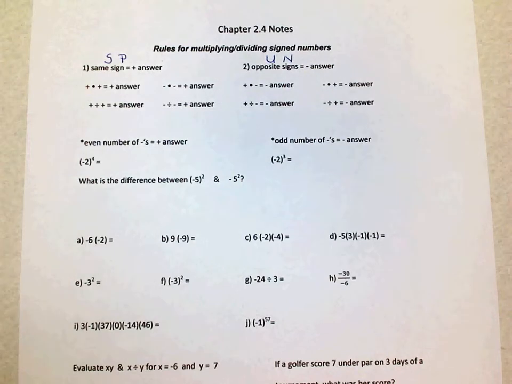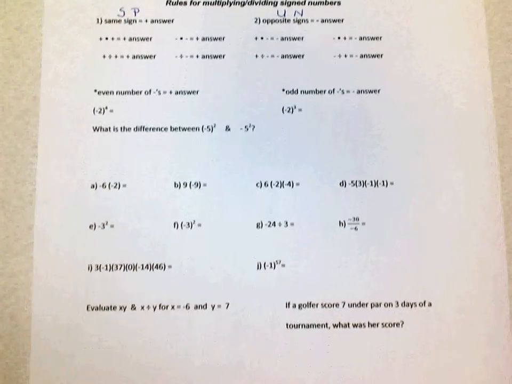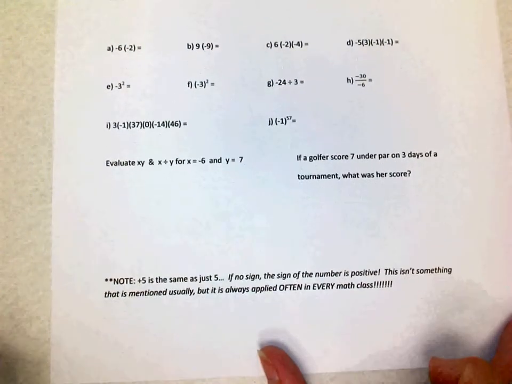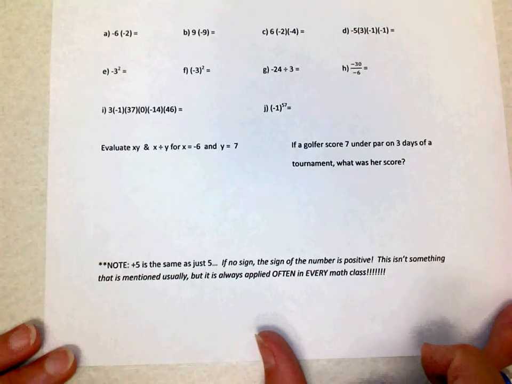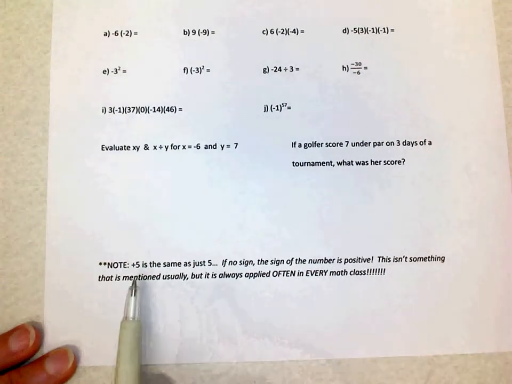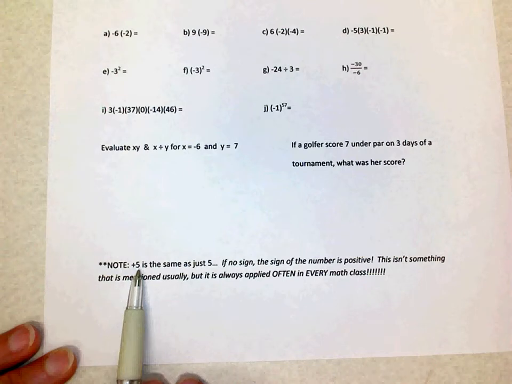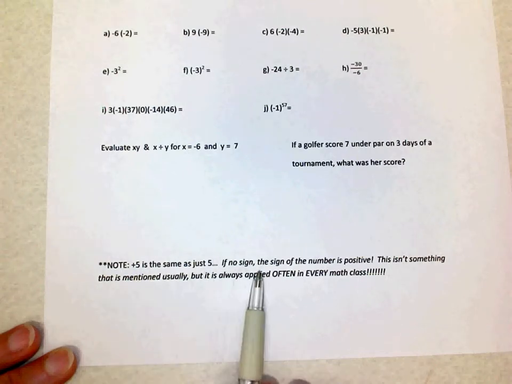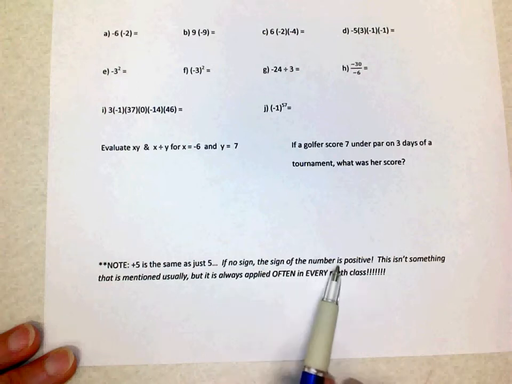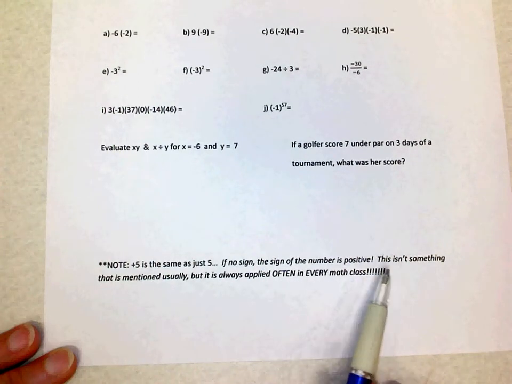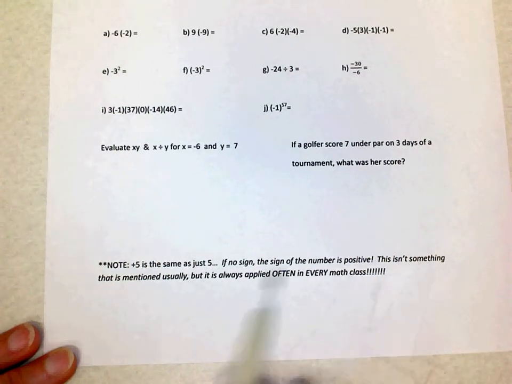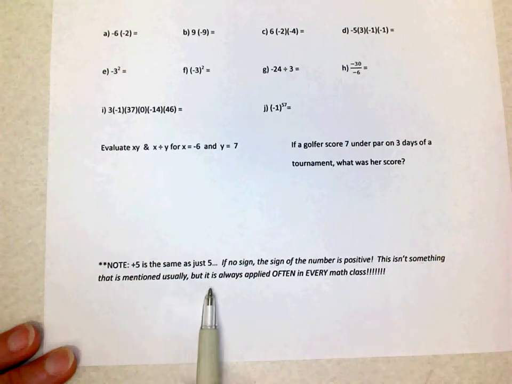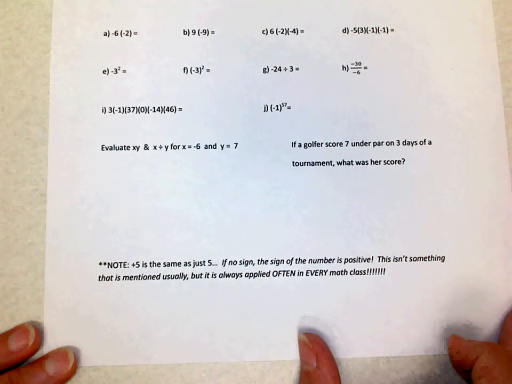Before we actually go into that, I just want to emphasize something, and it's actually at the end of this set of notes. If I say positive 5, that's the same thing as just saying 5. So if there's no sign, the sign of that number is always positive. This isn't something that is usually mentioned, but it's always applied, often and in every math class.